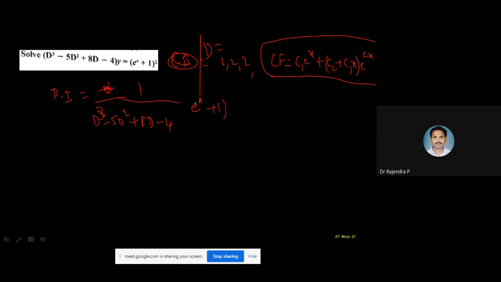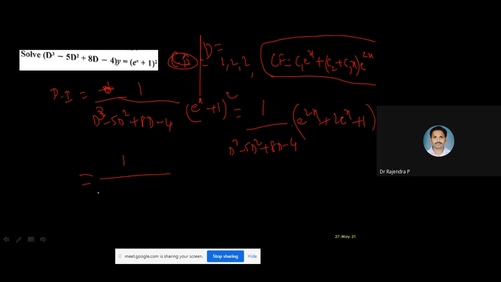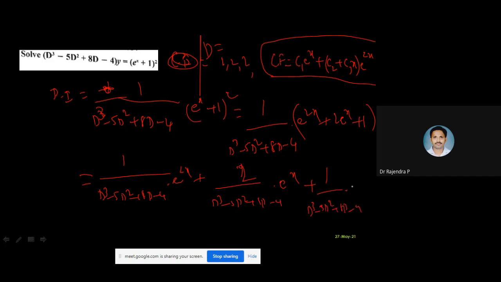Expanding (e power x plus 1) whole square, using the a plus b whole square formula, we get e power 2x plus 2 e power x plus 1. So we can write it as 1 by (D cube minus 5D square plus 8D minus 4) into e power 2x, plus 1 by (D cube minus 5D square plus 8D minus 4) into 2 e power x, plus 1 by (D cube minus 5D square plus 8D minus 4) into 1.